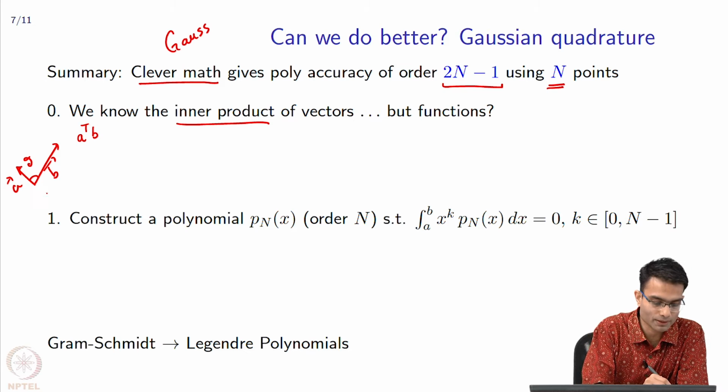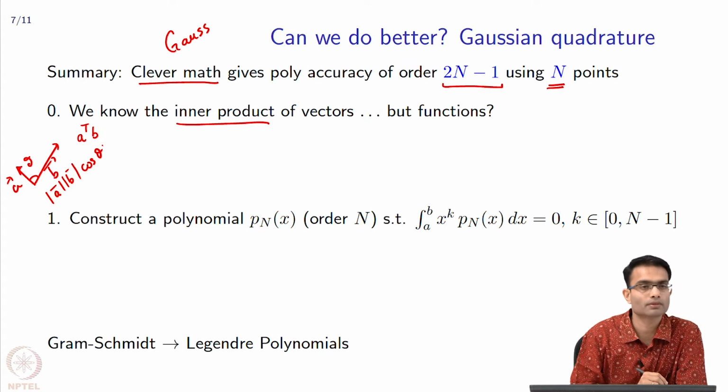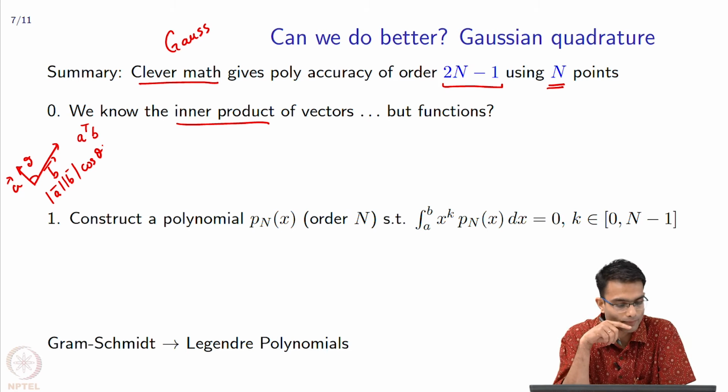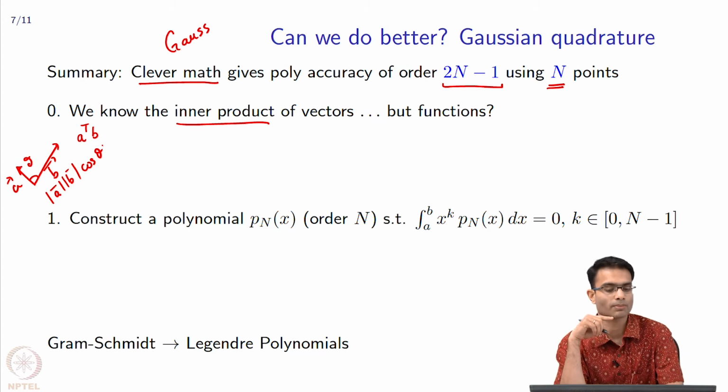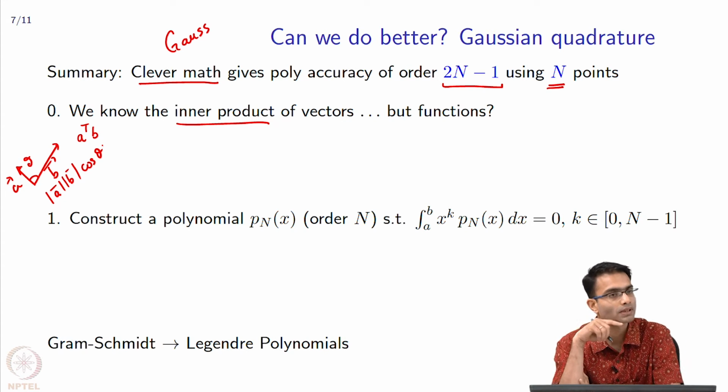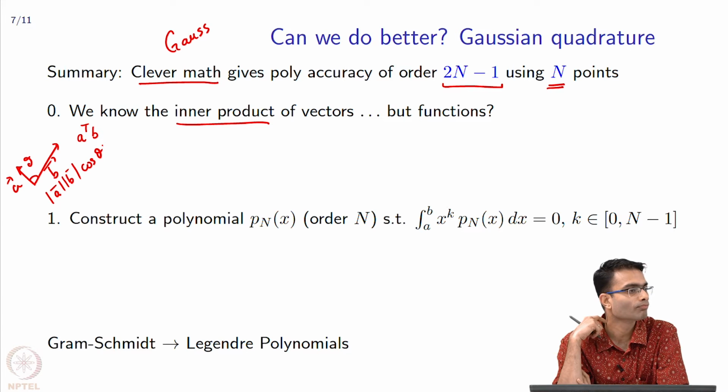In the language of vectors, I will write this as, both mean the same thing. So this is about the inner product of vectors. How about inner products of functions? How do we take inner products of functions? That is the concept that we will need further.